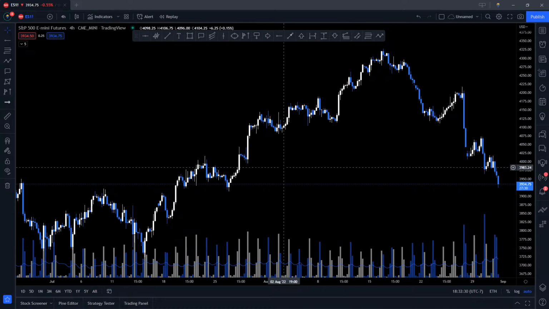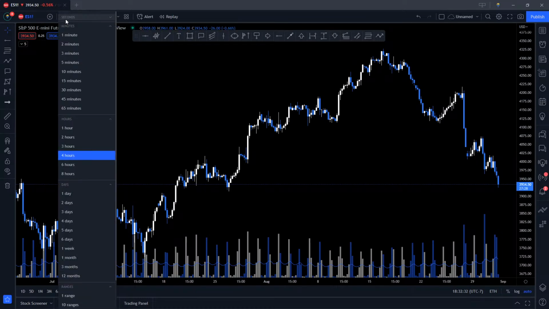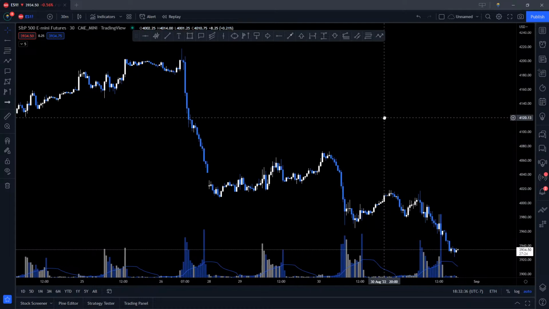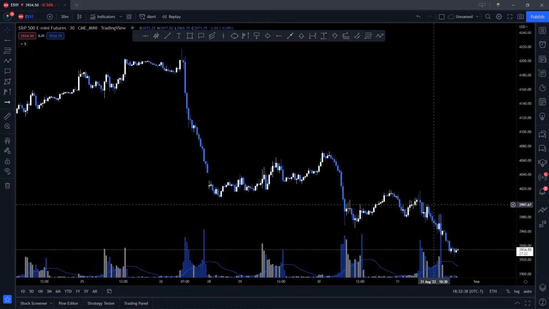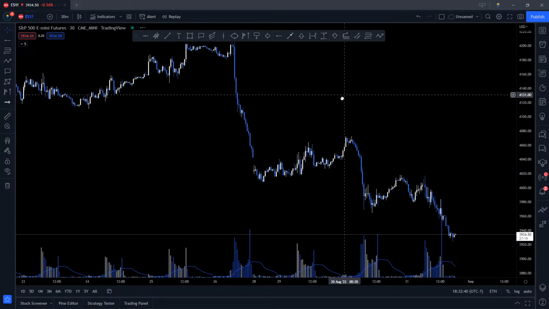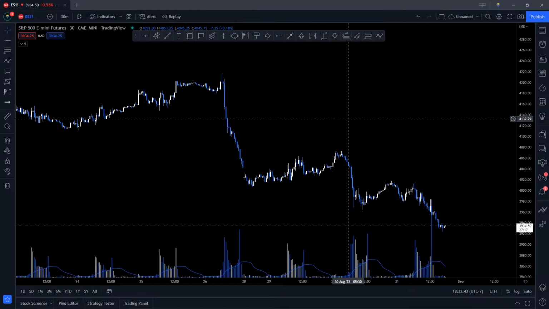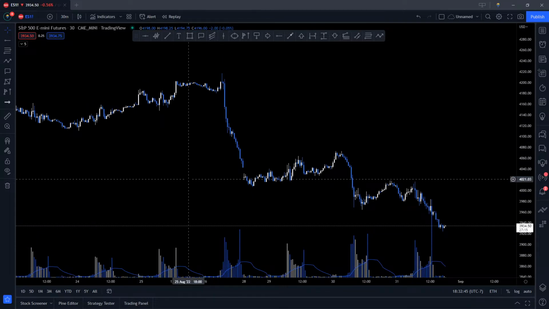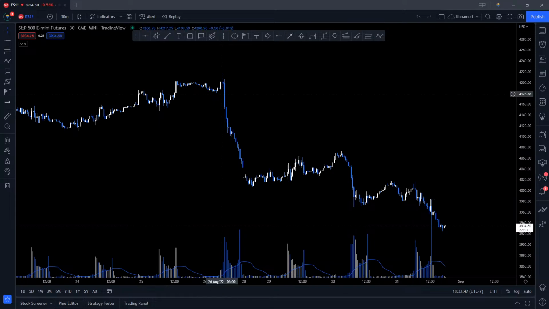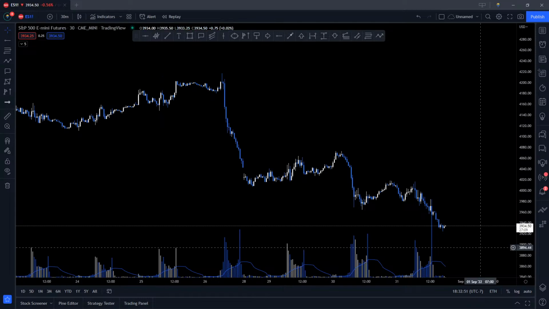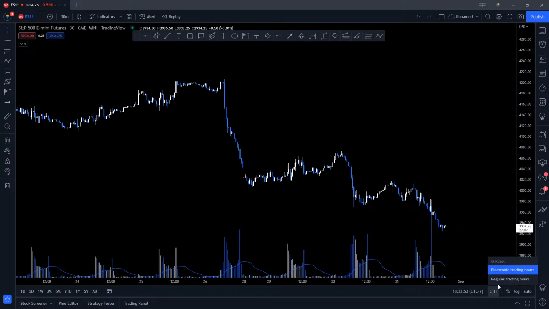Next, we're going to get into POCs, what they are, why they're important, and how they work. So for the average person, if you're using TradingView, you want to be on the 30-minute time frame. You want to have extended hours off.